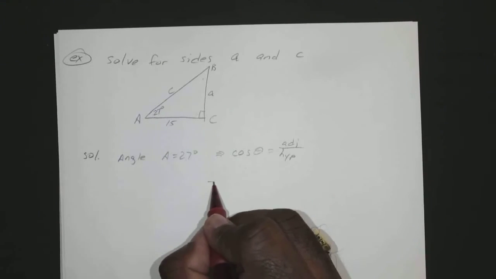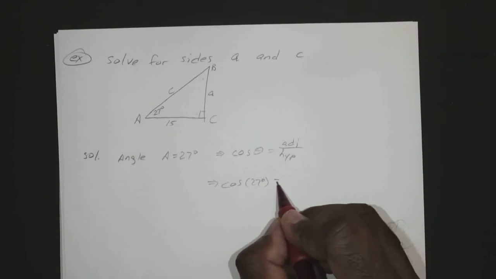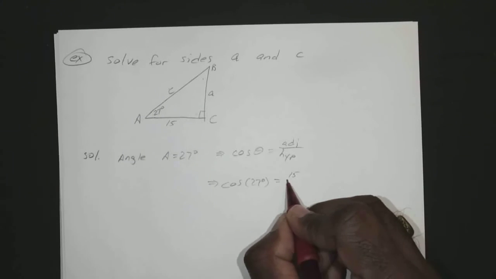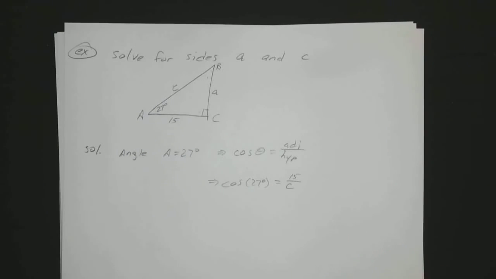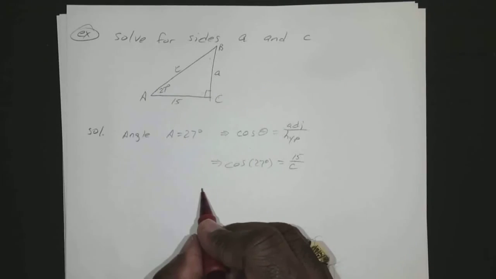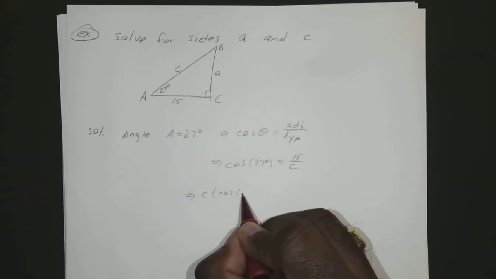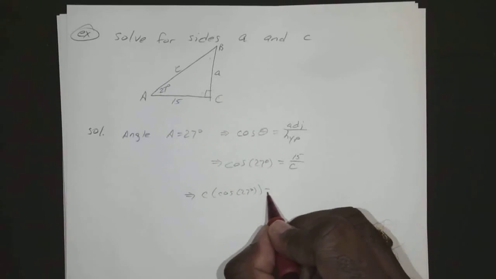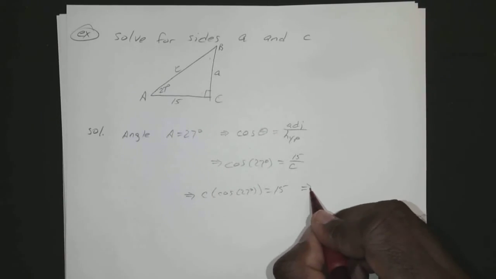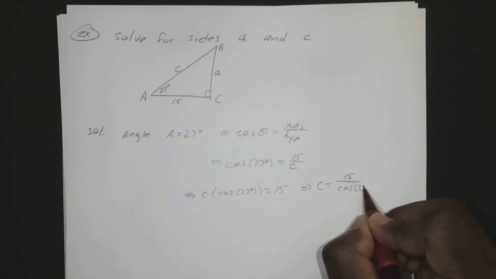So in this case, cosine of 27 degrees equals 15 over C. If we multiply both sides by C, that gives us C times cosine of 27 degrees equals 15. Then divide by cosine of 27. C equals 15 over cosine of 27 degrees.